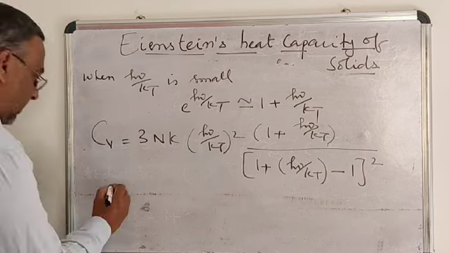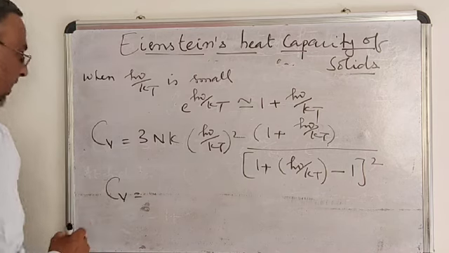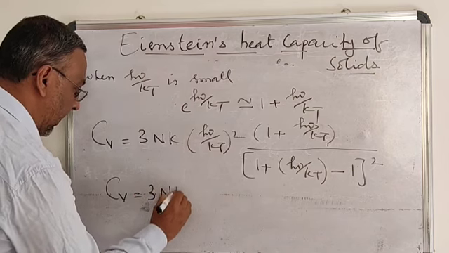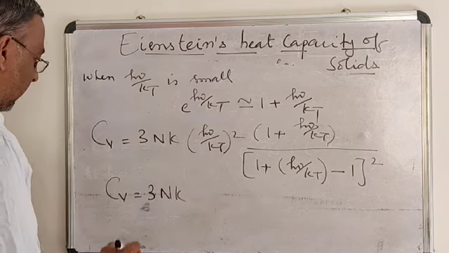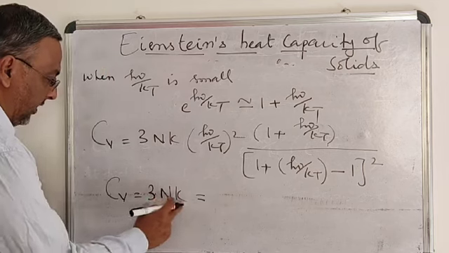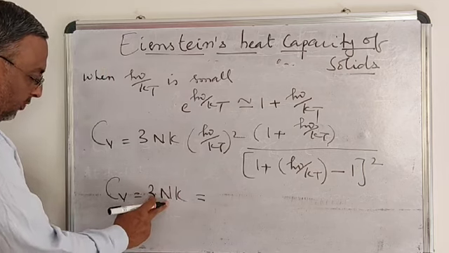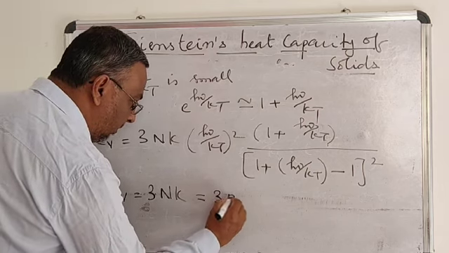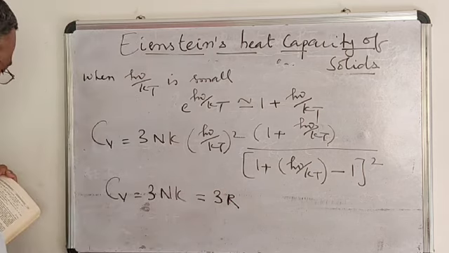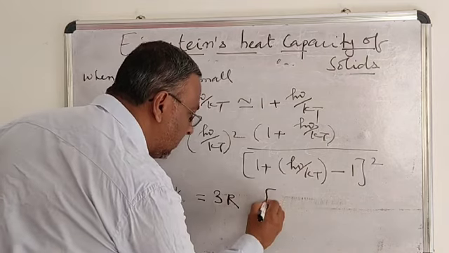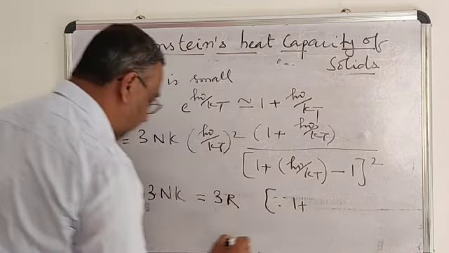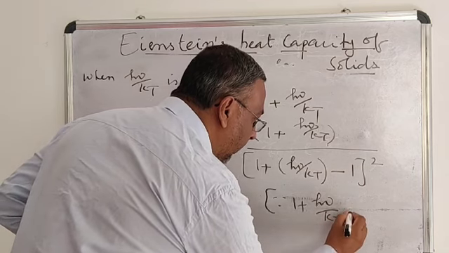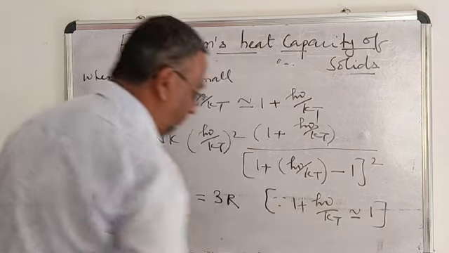When I simplify this, I will get Cv is equal to 3Nk. Okay? Or it will be equal to k into N, that is, total number of particles into Boltzmann constant, which will be equal to 3R, since 1 plus hν/kT is approximately equal to 1.